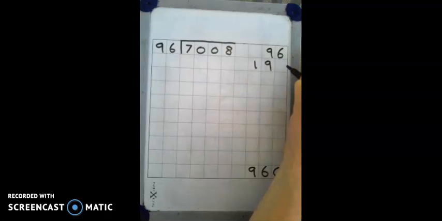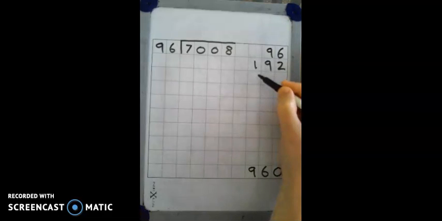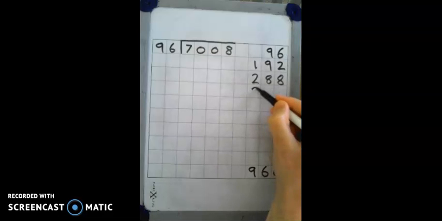But subtract 4 from that is 192. 100 more than that would be 292. But subtract 4 is 288. 100 more than that would be 388. Subtract 4, 384. 100 more than this would be 484.